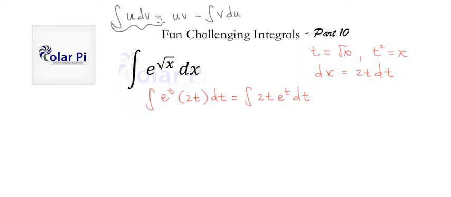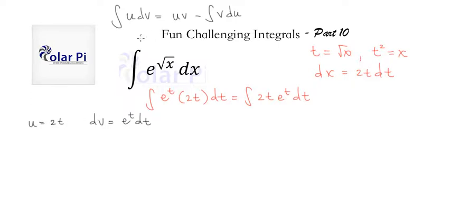And so looking at this left-hand side, comparing it to this, we need to pick a u and a dv. And you should know that u should be 2t, and dv should be e to the t dt.